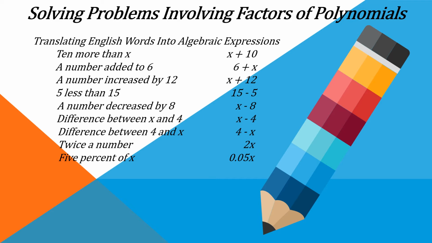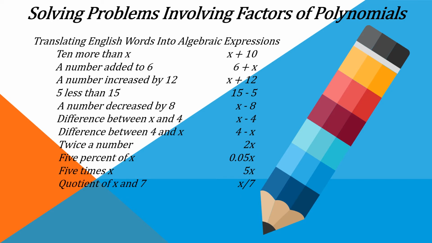In order to multiply a percent by a number, you need to change the percent into a decimal, and we will discuss how to change percent into decimal in my following videos. 5 times x is simply 5 multiplied by x, or 5x.